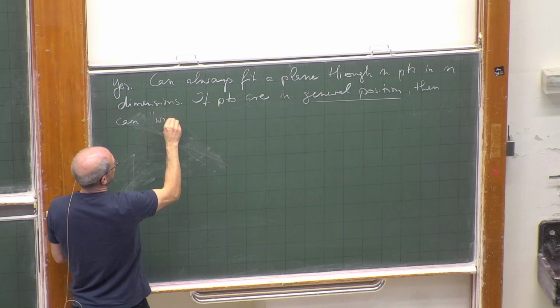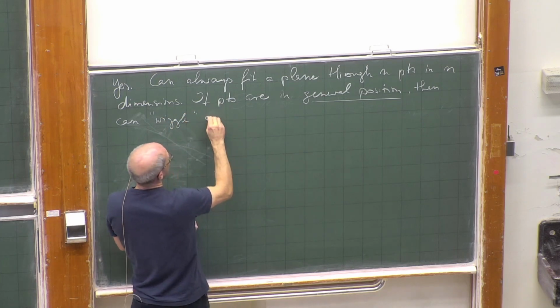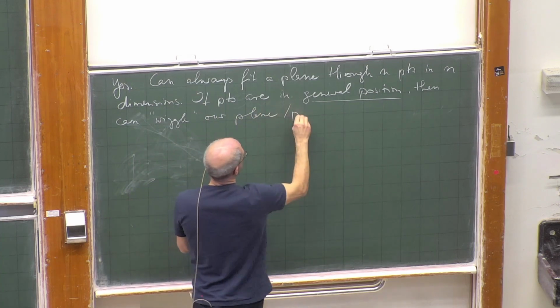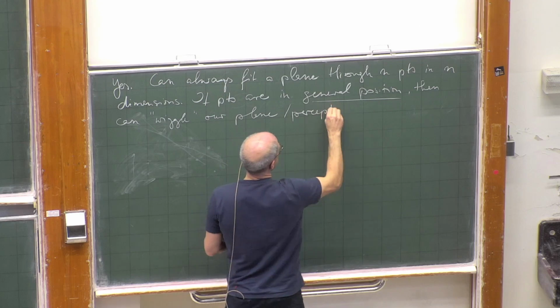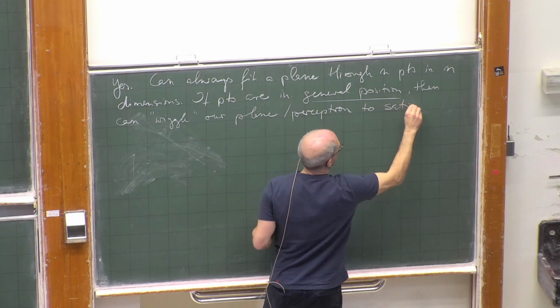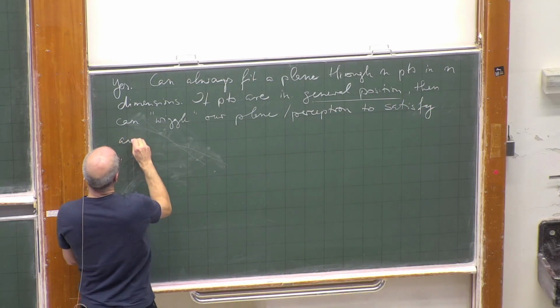Then, non-technical term, we can wiggle our plane or our perceptron to satisfy any 2-class labeling.